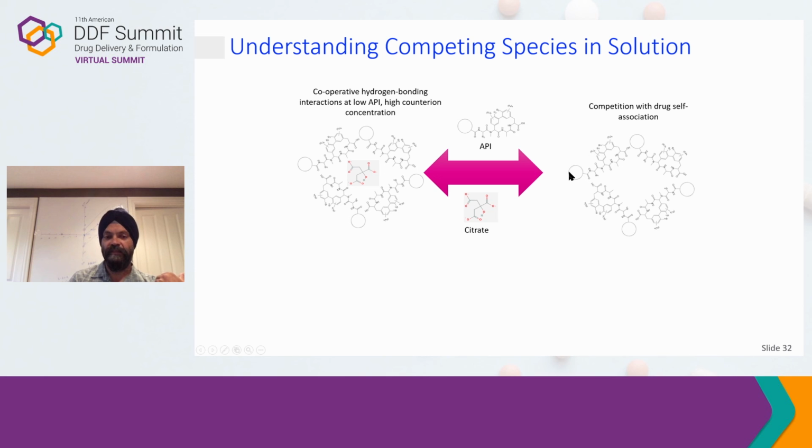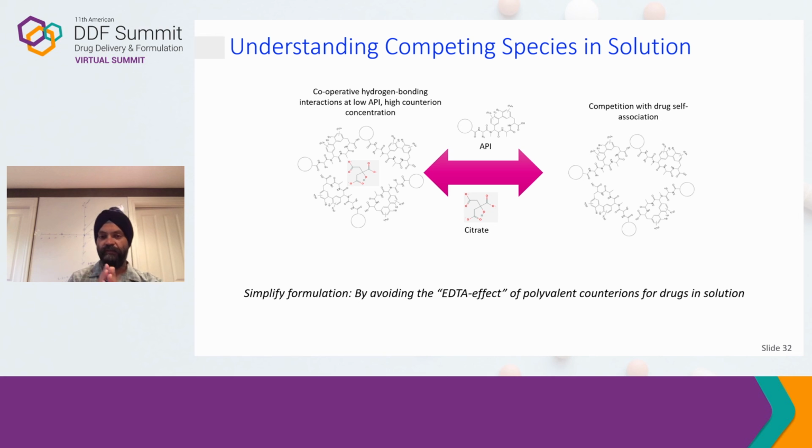Now, really, the game here in the formulation world is to keep the equilibrium to the right so that you have more supersaturation behavior and less precipitation behavior. And you will achieve that by modulating the concentration of those polyanionic species in solution, ideally avoiding those altogether so that you have the equilibrium shifted to the right.